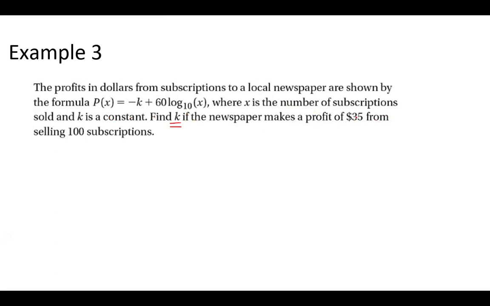Okay. So they're giving us information. We're going to read through and highlight our important things, which is our formula. We're going to identify what it means here. It gave us our profit of 35, so we know our P of x came from when our x is 100.